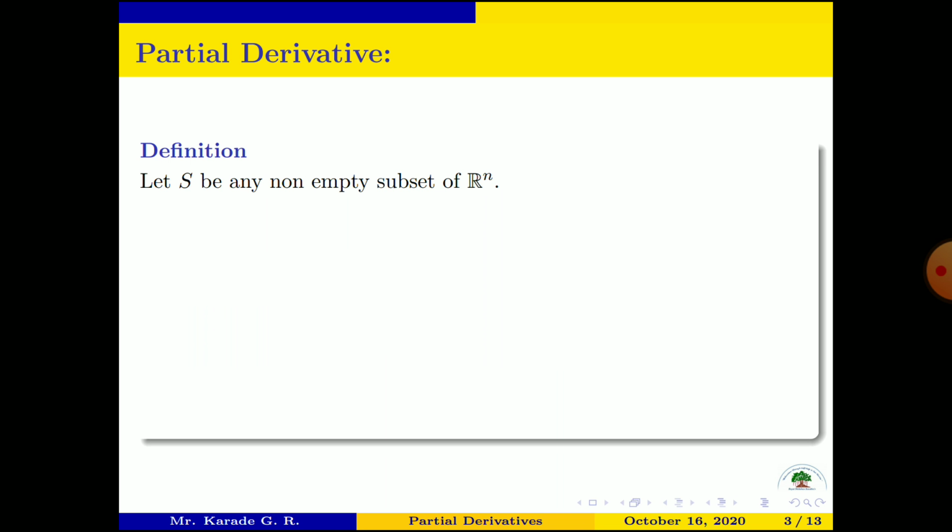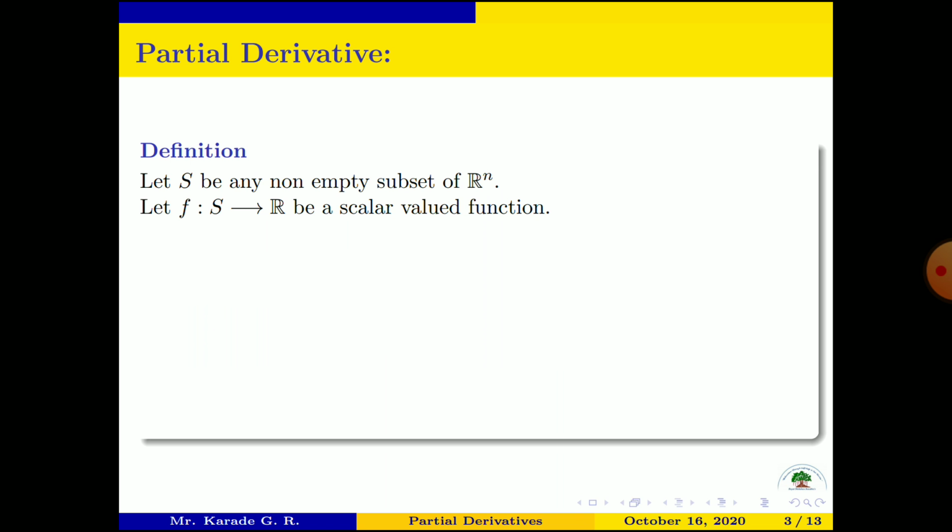Let capital S be any non-empty subset of Rn. S must be non-empty and it is a subset of Euclidean space Rn. Let f be a scalar valued function from the set capital S to the set of real numbers.